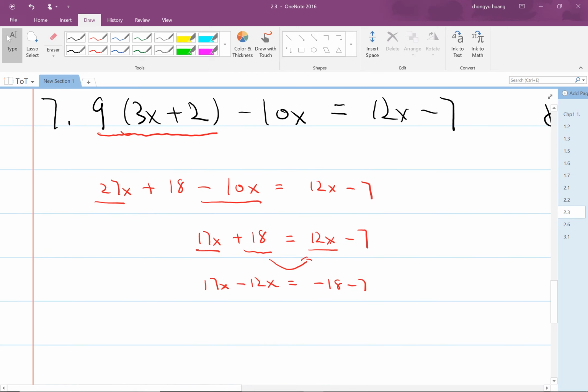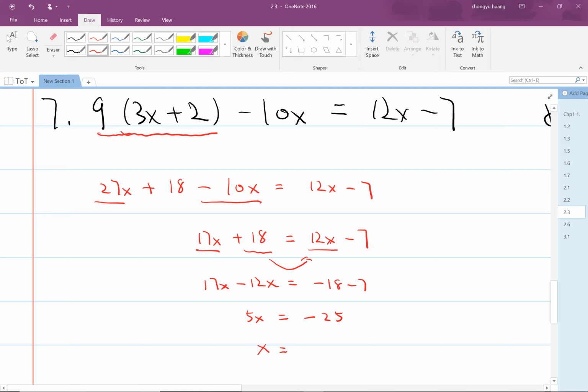What we have over here is 17x minus 12x, so it is 5x, equal to negative 18 minus 7, so it's negative 25, and then we are on our last step.